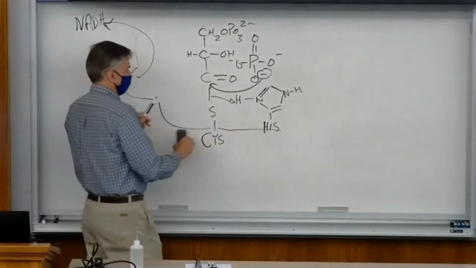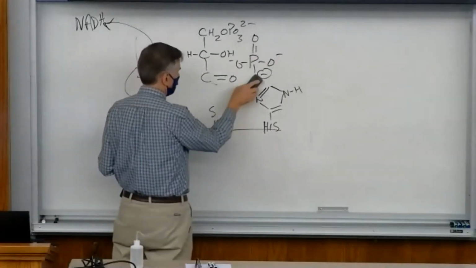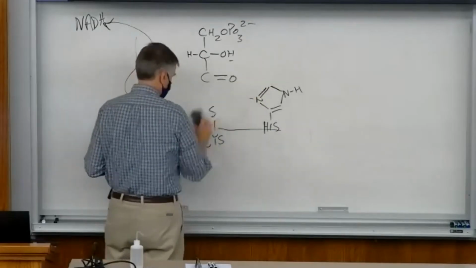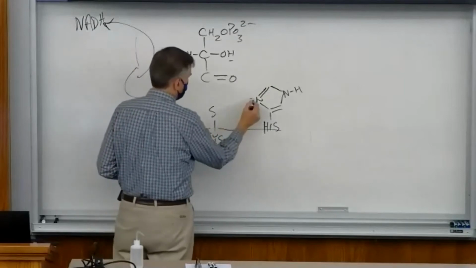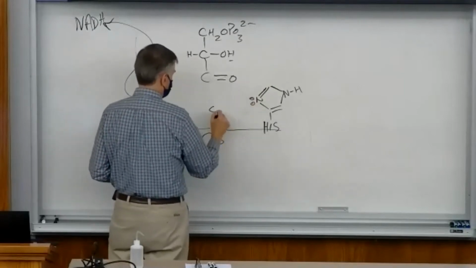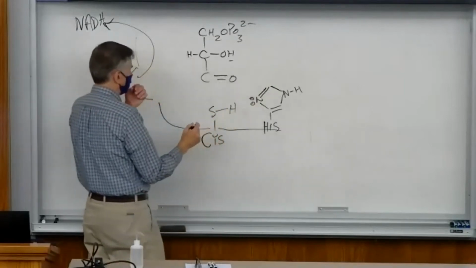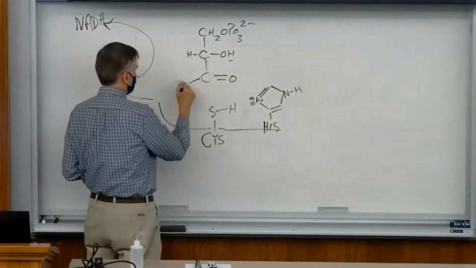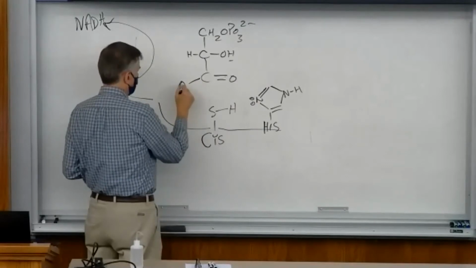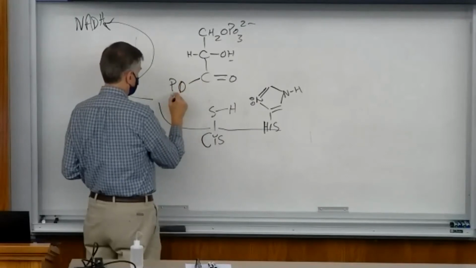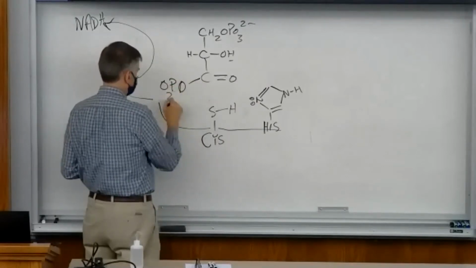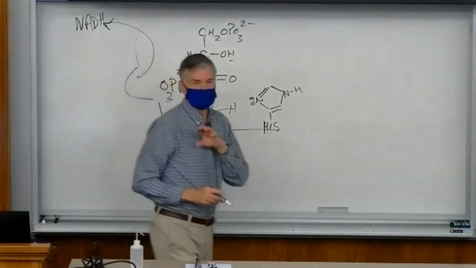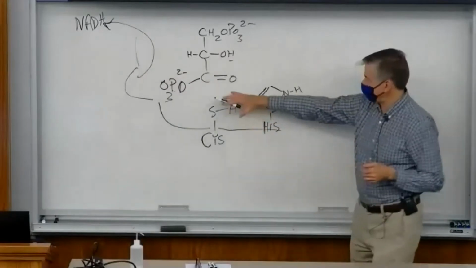So in the end, we will have our histidine back in its original state. We will have this site open, and we will have coupled to our carbonyl here a phosphate.